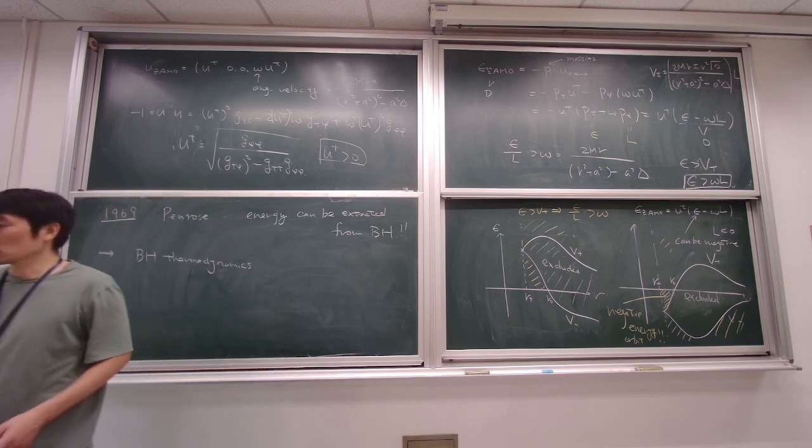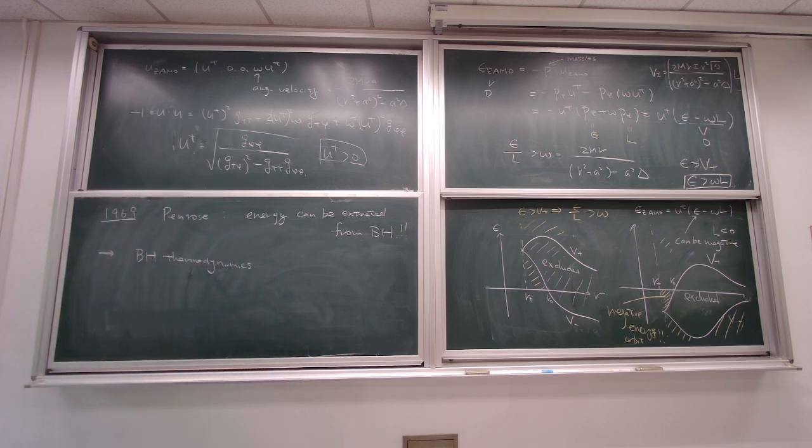Can I ask a question? This is the effective potential for Kerr on an equatorial plane. And it is possible to extract energy here also? Maybe that's the case. My way of writing is different.